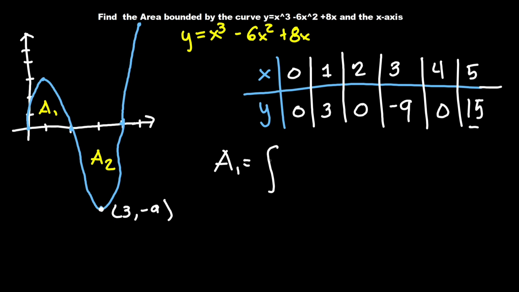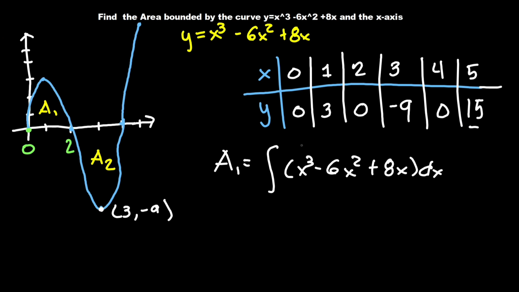This would be the integral of the value of y, which is this: x cubed minus 6x squared plus 8x, dx. Now, our upper limit right here is bounded by this curve only, so it would be this point, which is x equal to 2, and the other one is this point right here, which is 0.